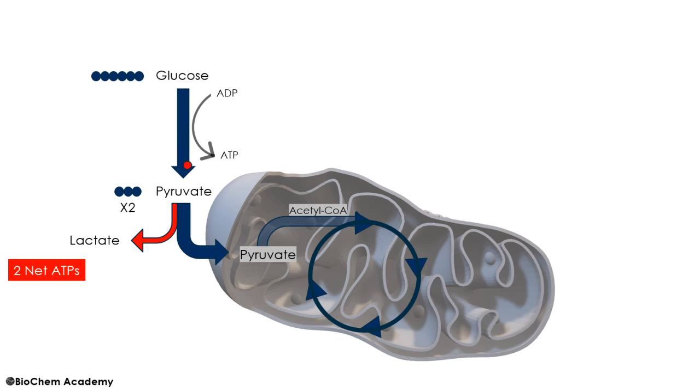Now, in the presence of oxygen, the pyruvate will enter mitochondria and get converted into acetyl CoA by pyruvate dehydrogenase complex, which will then enter the TCA cycle, right, the tricarboxylic acid cycle, to produce more energy as well as other precursors for other reactions and pathways.